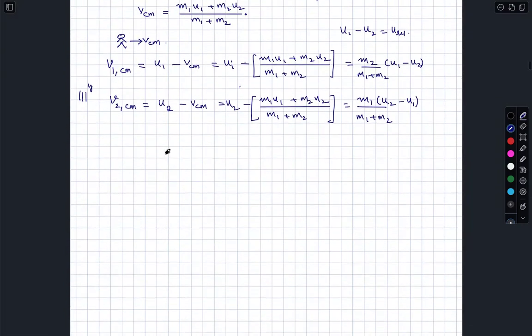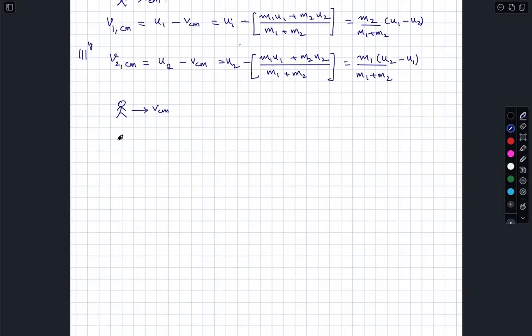For a while you call u1 minus u2 as u relative. For this observer who is moving with the velocity of center of mass, A is moving with a velocity v1 cm and B is moving with a velocity v2 cm.